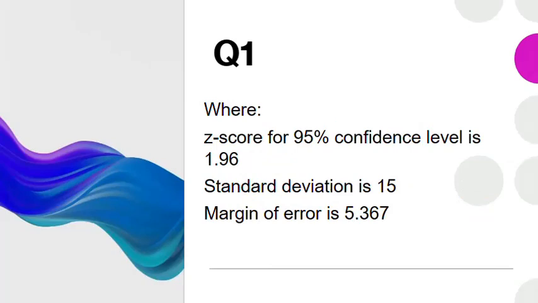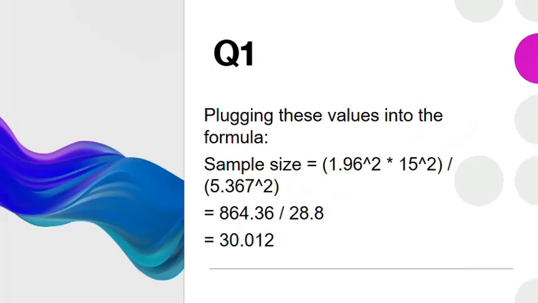When we start solving this, we can use the z-score table, and we can see that for a 95% confidence interval, the z-score is 1.96. And we know that our standard deviation given is 15, and the margin of error is 5.367, to 3 decimal places.